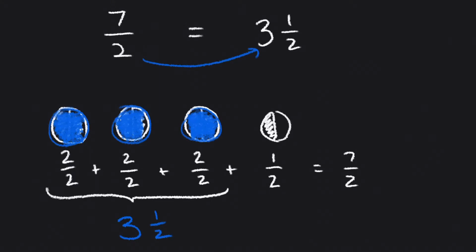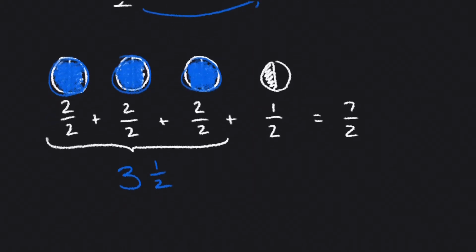Let's try another example where we do it with just arithmetic. Let's try this one: let's do 10 over 3.